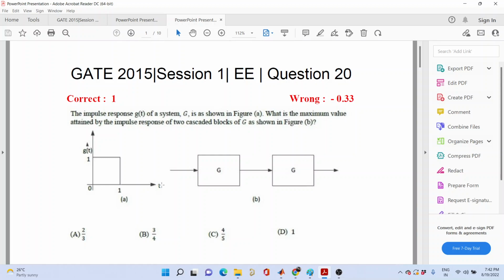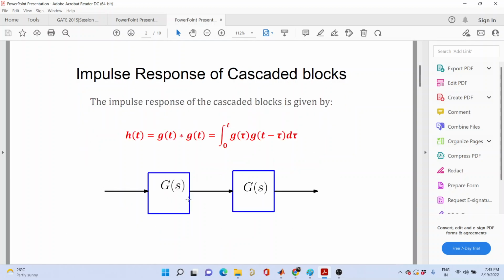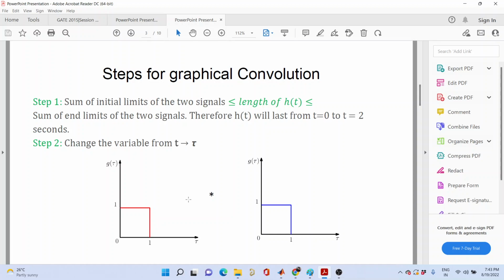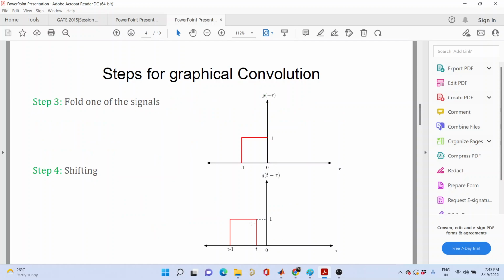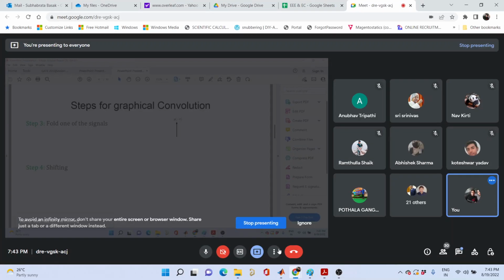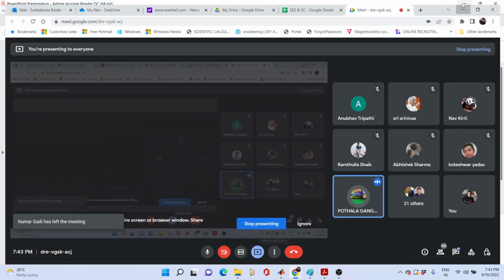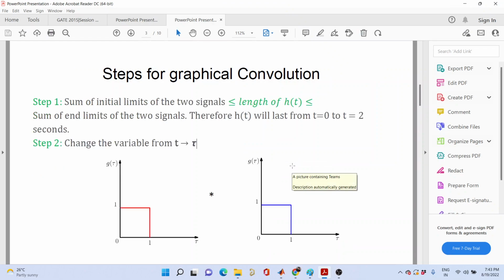I have just changed the variable t to tau.